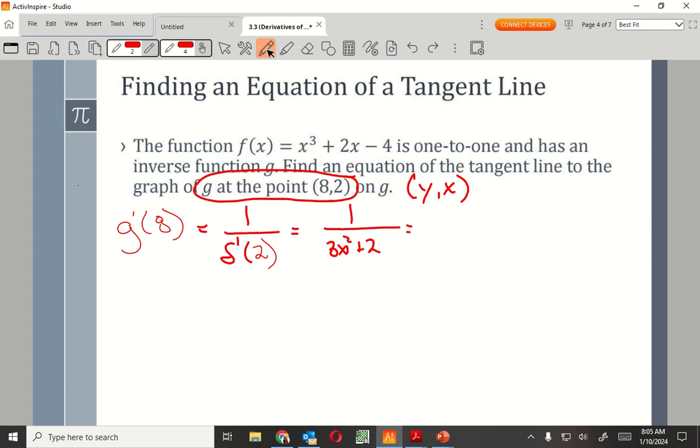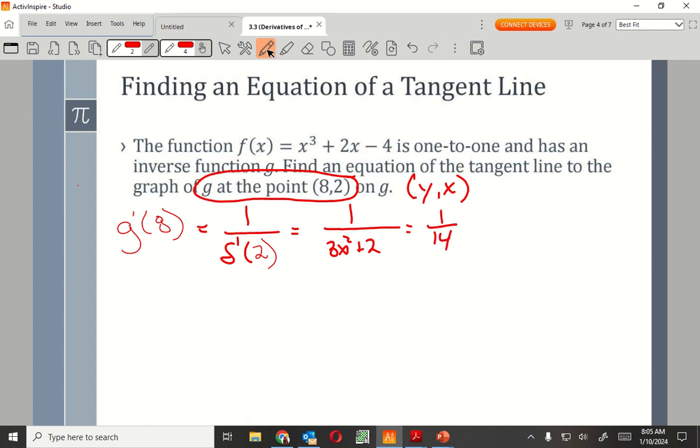I'm going to plug 2 into my derivative that I already have over here. So that gave me 2 squared, which was 4, times 3. 4 times 3? 12, 12 plus 2? 14. This is 1 over 14.